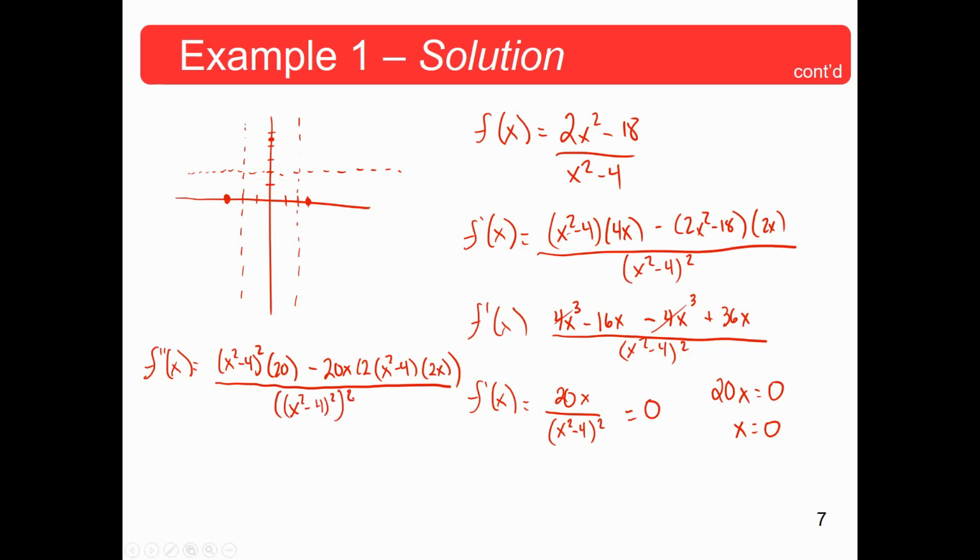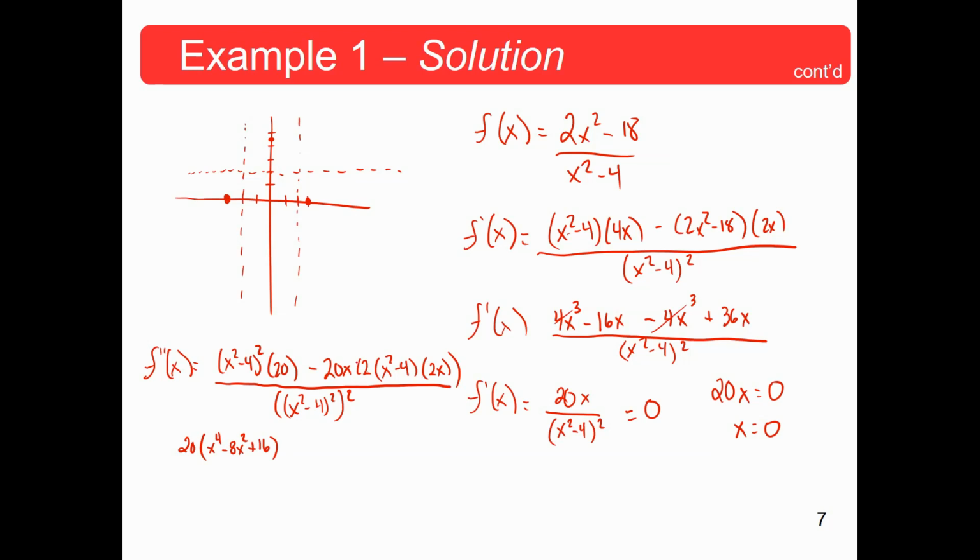Squared. So this is going to give us, let me get this out of the way so I have more room here. This is going to give us 20 times, if we FOIL that out, x to the fourth minus 8x squared plus 16. Over here, we're going to have 20 times 2 times 2.